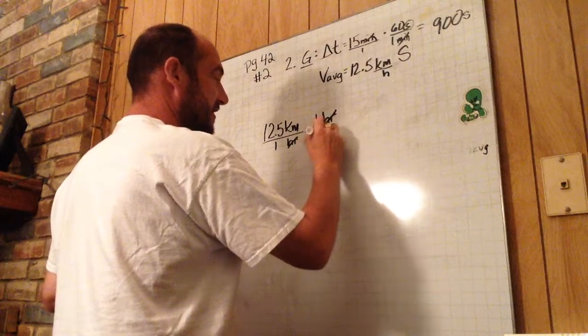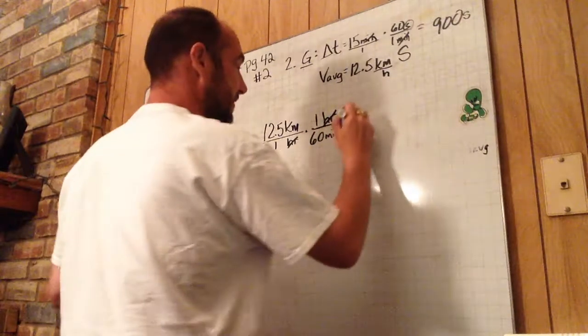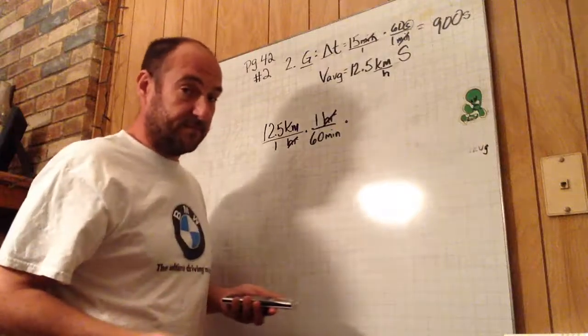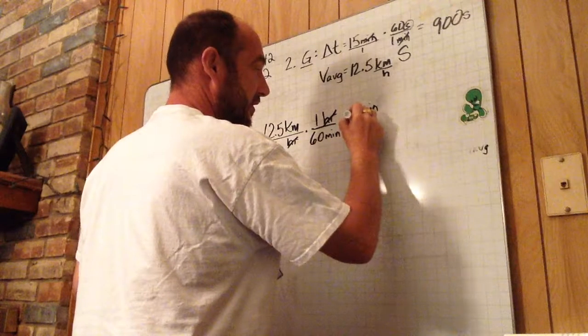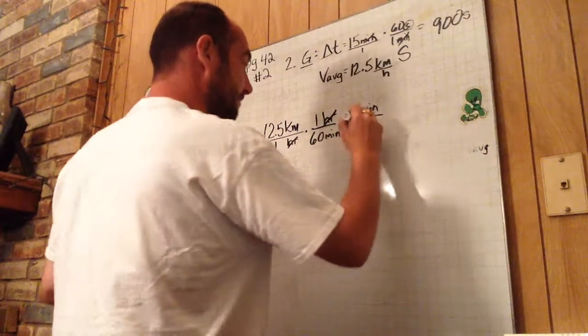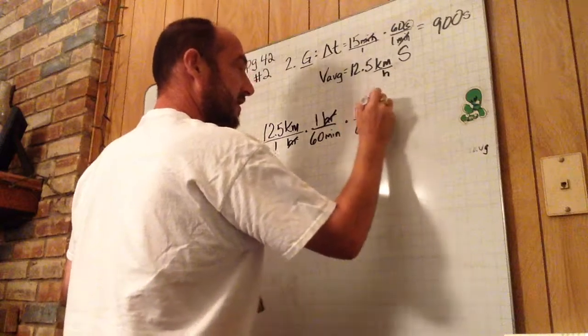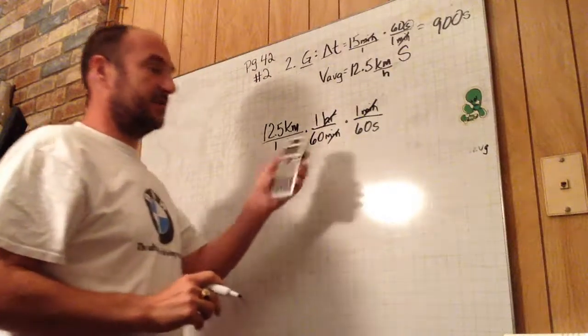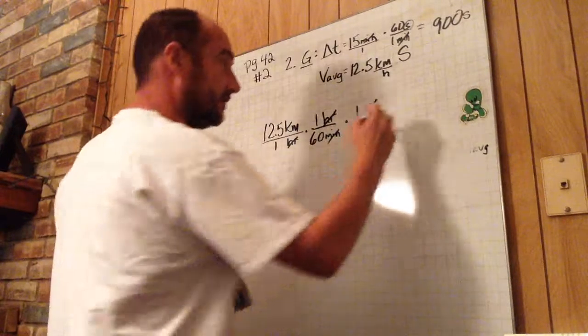1 hour is 60 minutes. Minutes is not our unit, so need to get rid of minutes now. 1 minute, our unit would be 60 seconds, right? 60 seconds. Now the minutes cancel, and I've got my final bottom answer down to seconds. Let's fix the top real quick.